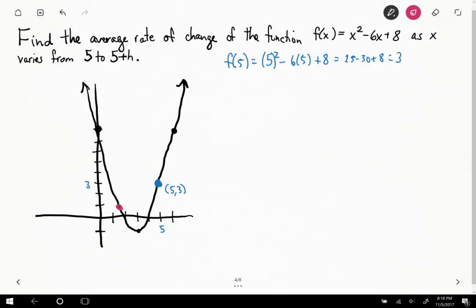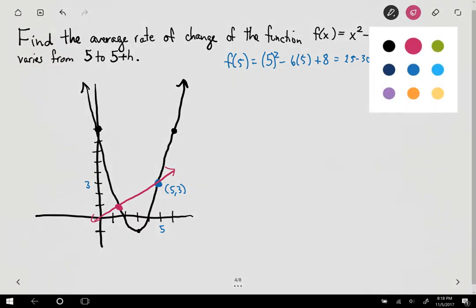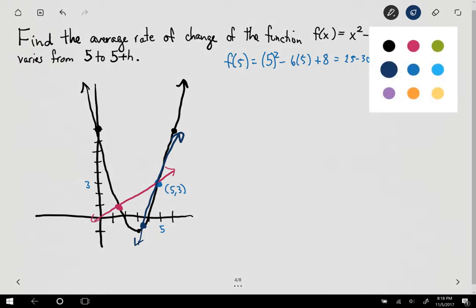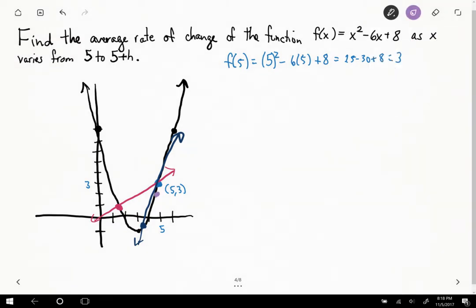And on the other side too. So I could look at a secant line of this type. And then I could look at another secant line, say more on this side of this type. And then we could look at another secant line and have it be really close.